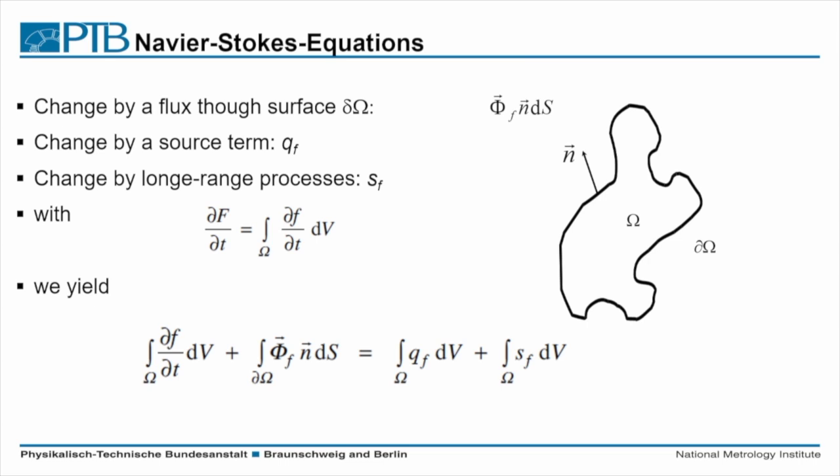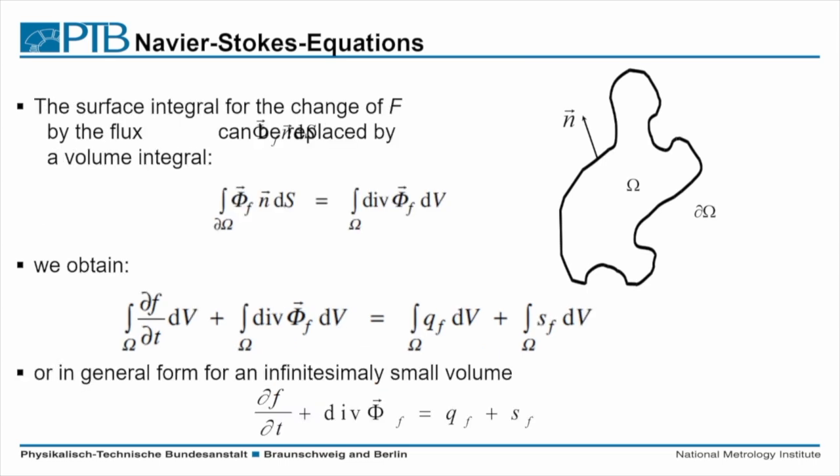With this equation, we finally find that this can be described by these two terms here. If we now leave this general description and write it for an infinitesimally small volume, we see that the change of the quantity with respect to time plus the divergence of this flux is equal to this source term and this long-range term.